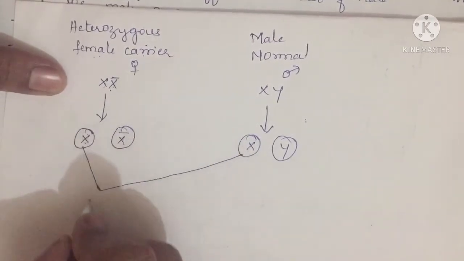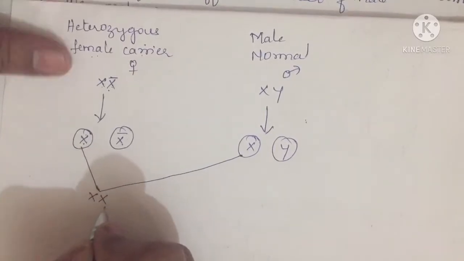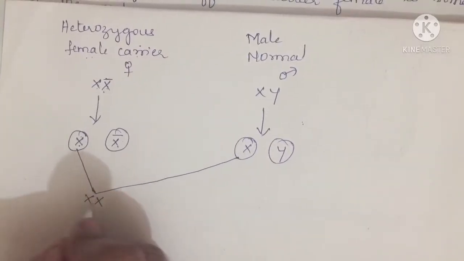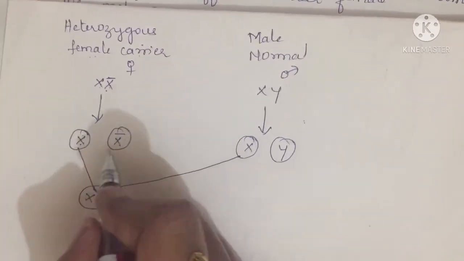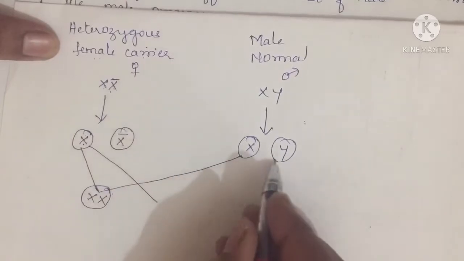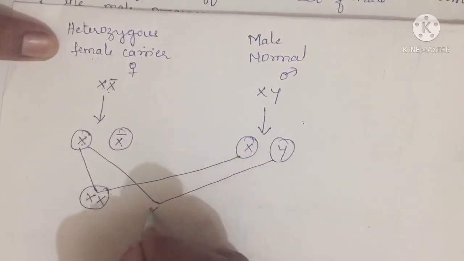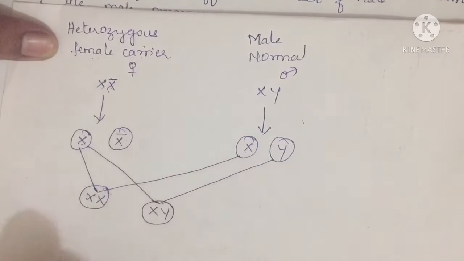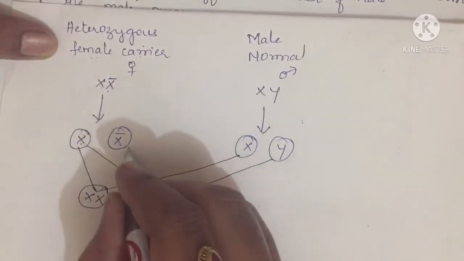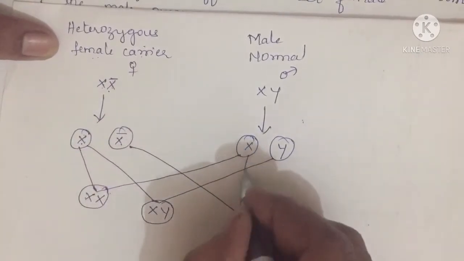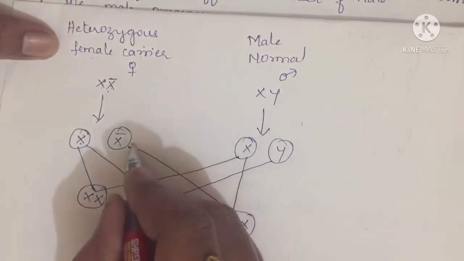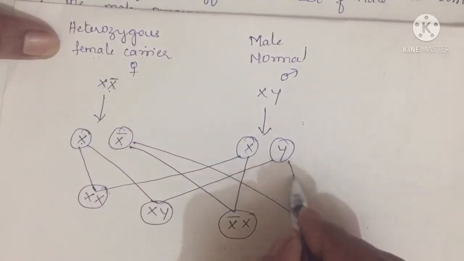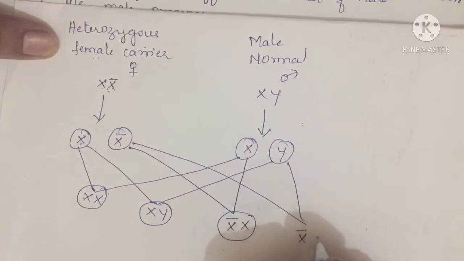The children will get either XX chromosomes, or this ovum can fuse with this sperm to give XY. The defective ovum can fuse with the X sperm to give X dash X, or with the Y sperm to give X dash Y.